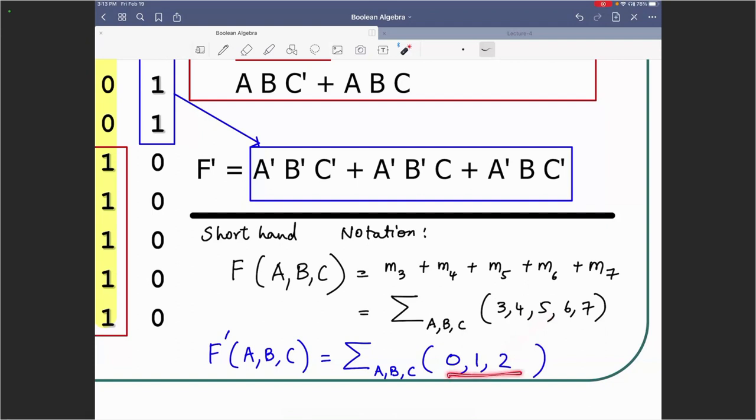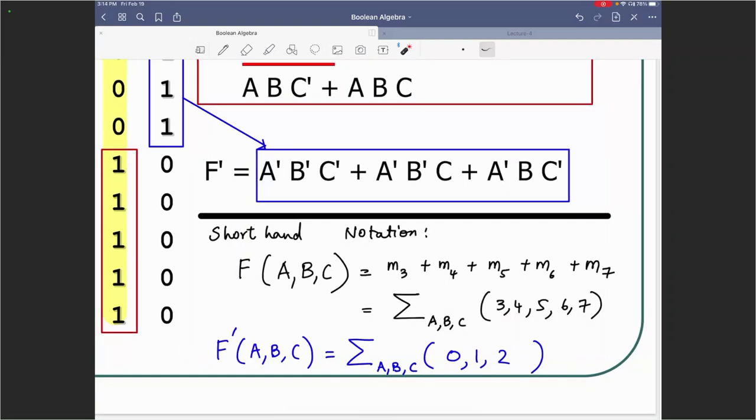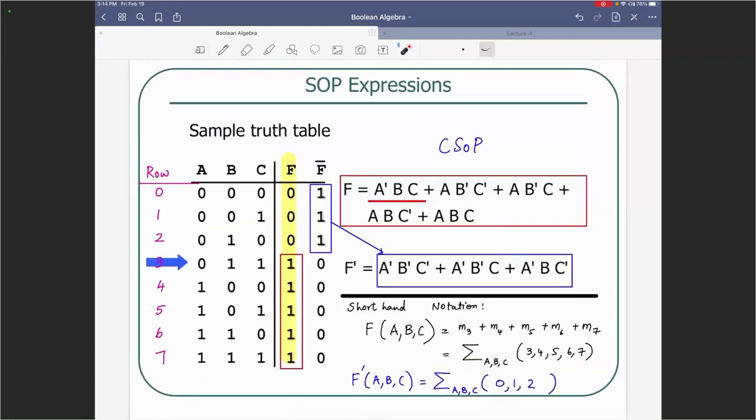So if 0, 1, 2 is going there, 3, 4, 5, 6, 7 goes there. Whatever is not here goes there in the expression for F. So if you know one, you know the other. All of this is for what? Sum of products, right? This is your canonical sum of products expression in the long form, and all of this is the canonical sum of products expression in the shorthand notation. All right, questions about this?